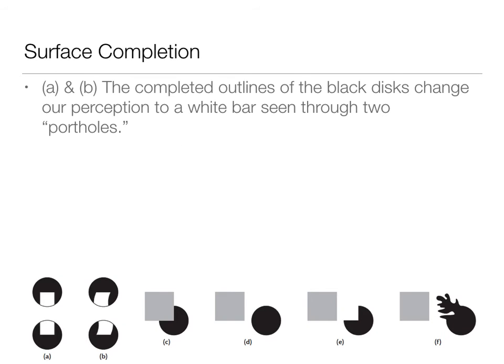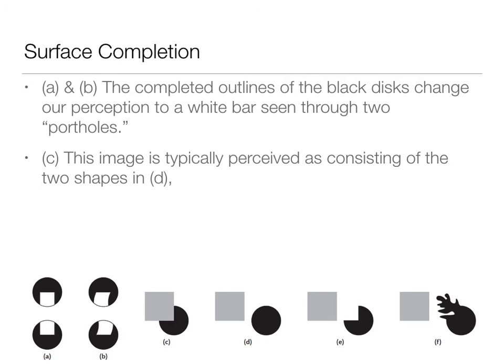In surface completion, what we did was we took those similar images in A and B and we completed those circles. And that completely changes our perception. We no longer see that white bar on top of it. We more see it as there's two portholes through those circles in A and B, and we see those as now on top of the white lines.